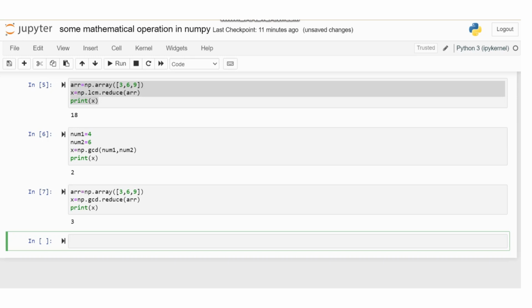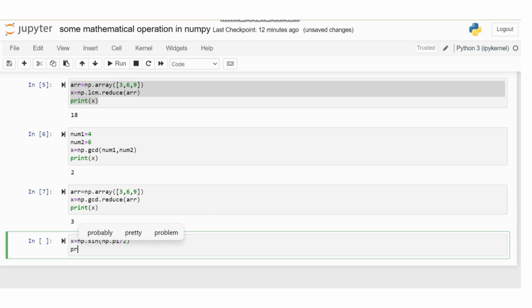Suppose we calculate the sine with np.sin of np.pi, where pi means 180 degrees. Print x.